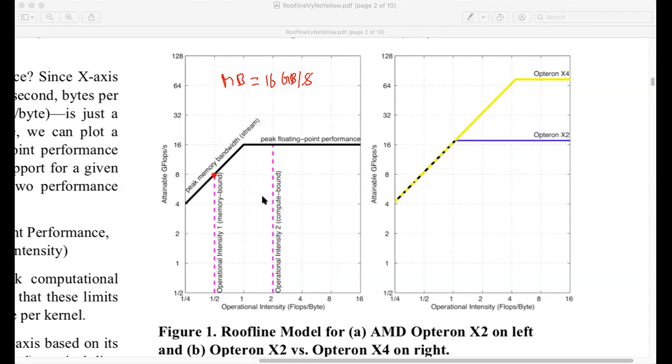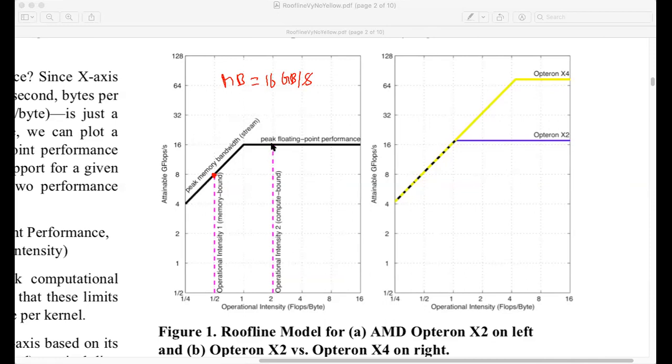Then there is another application whose operational intensity is 2. Since its operational intensity is 2, with 16 GB per second bandwidth it could perform 32 gigaflops per second, but unfortunately the CPU is not able to do that many gigaflops per second, so it hits the roof here.